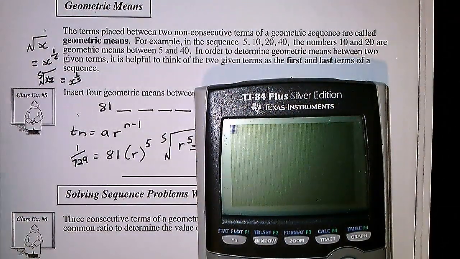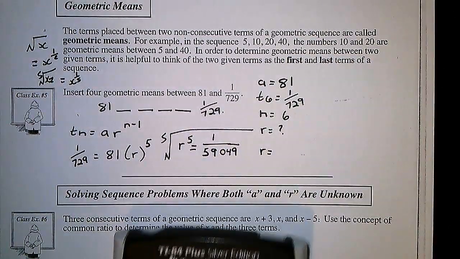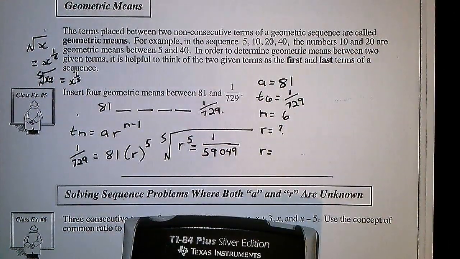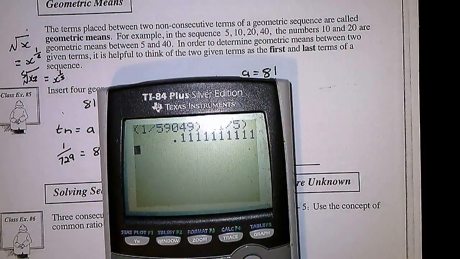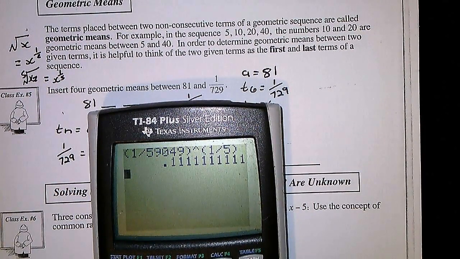So that's what I'm going to do here. I'm going to take that value, 1 over 59,049, and I'm going to put it to the exponent 1/5. Sorry, I didn't let you see what I've done.